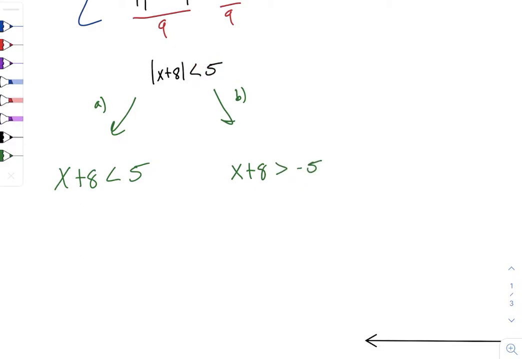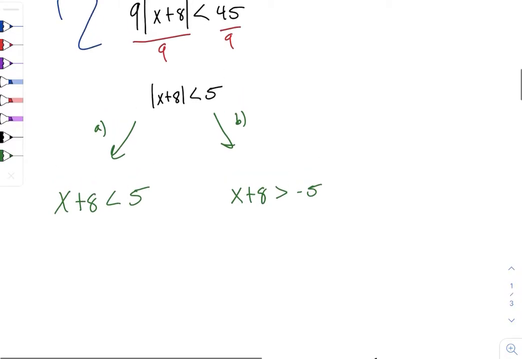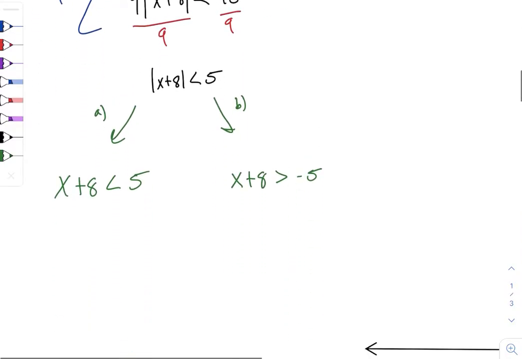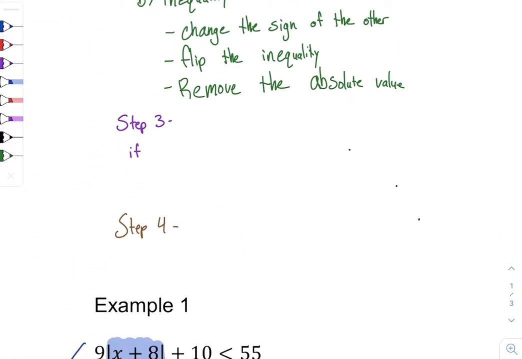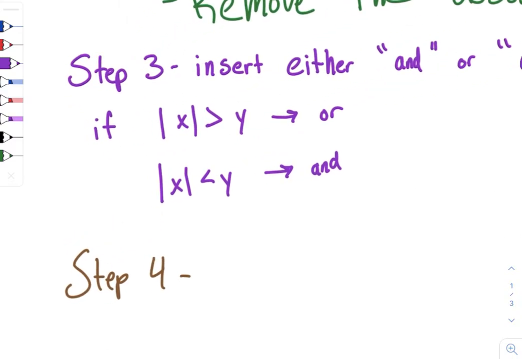And then, it's kind of the hard part in terms of knowing how to deal with inequalities. For step 3, all you need to do in this step is decide what kind of compound inequality we're going to get. Whenever we solve an absolute value inequality, our answer turns into a compound inequality. We're going to need to insert either an and or an or, and that's going to depend on what inequality we have.